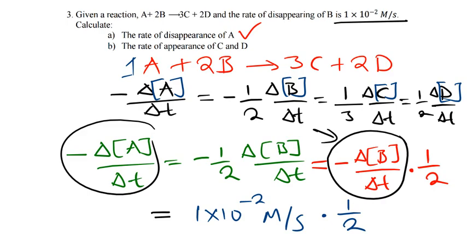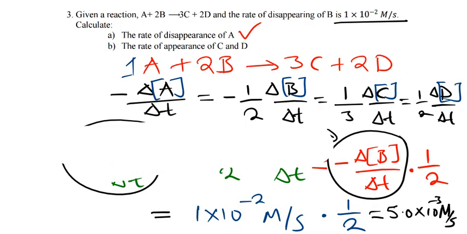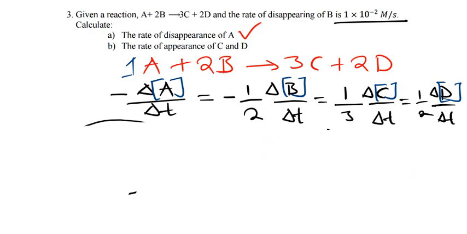Our answer is 5.0 times 10 to the power negative 3, which is also molar per second. Okay, I hope you get that. So I need to indicate the answer there to say the answer is 5.0 times 10 to the power negative 3 molar per second.